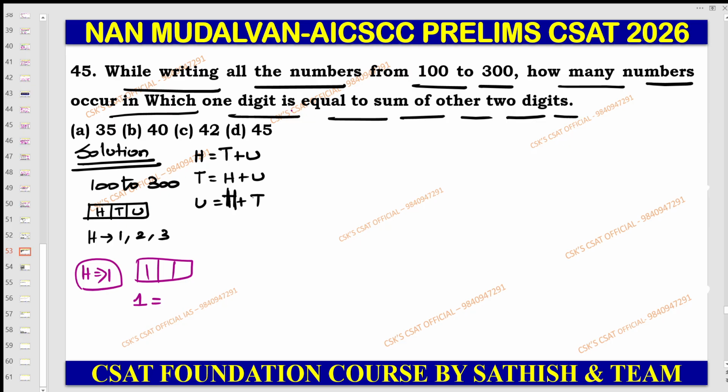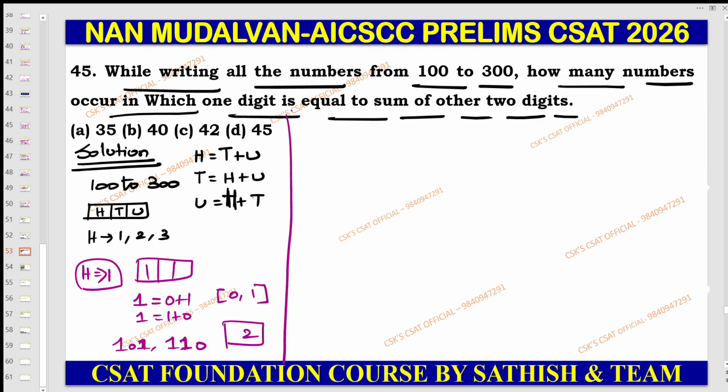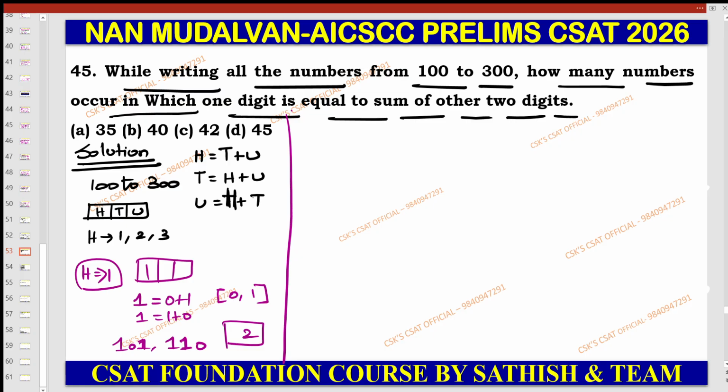What all are possible? 0 and 1 possible. 0 1 possible, or 1 0 possible. So then you can write here 101 and 110. This alone is possible in order to get this. So therefore here two such possibilities. If any repetitions are there, you must avoid them, right?